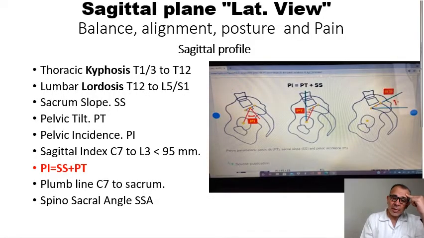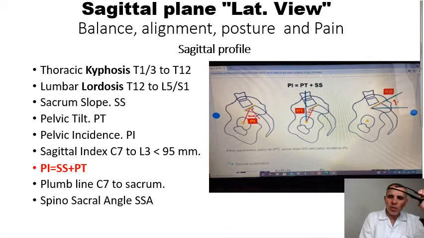Now on the sagittal plane, we obtain the lateral view X-ray to measure the sagittal profile and judge our balance, alignment, and posture, and it also has a lot to do with pain in the recent literature. We are analyzing our sagittal profile.